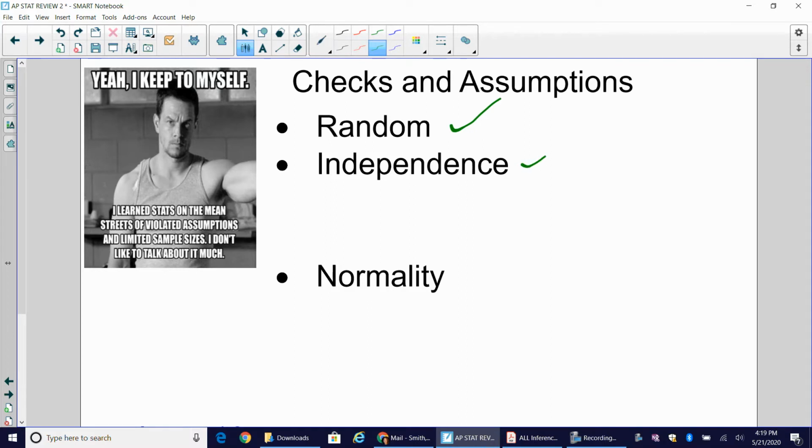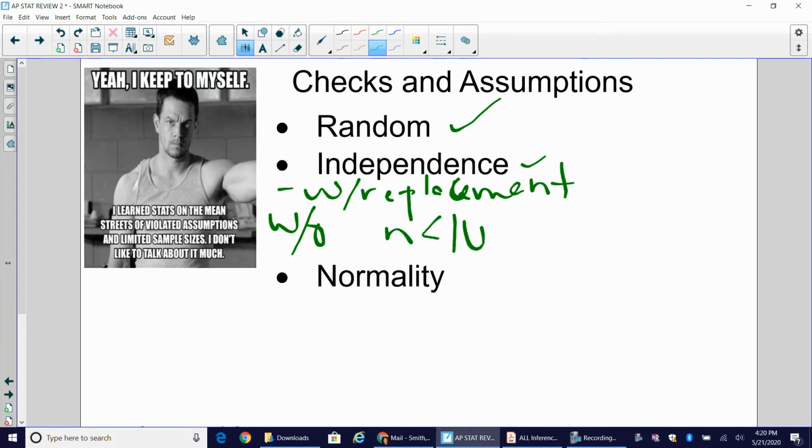So you could have two things. One, they might just say that it's sampled with replacement. That guarantees independence if you're sampling with replacement. Or without replacement would mean you should probably check that n isn't too large, that it's less than 10% of the entire population.